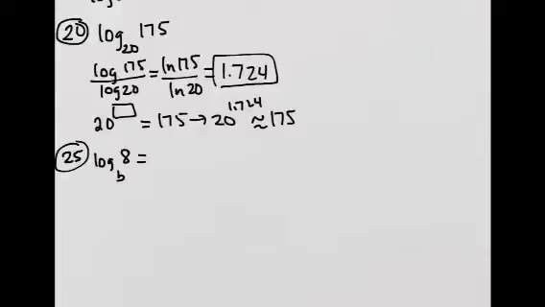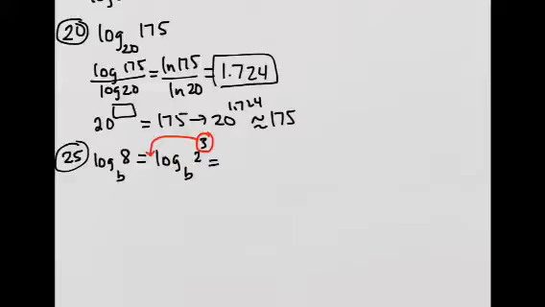So for 25, they want you to use log base B of 2, of 3, or of 5, right, to evaluate this log. So I'm going to rewrite log base B of 8 as log base B of 2 cubed. So then I know that this 3 right here is going to become the coefficient of the log.